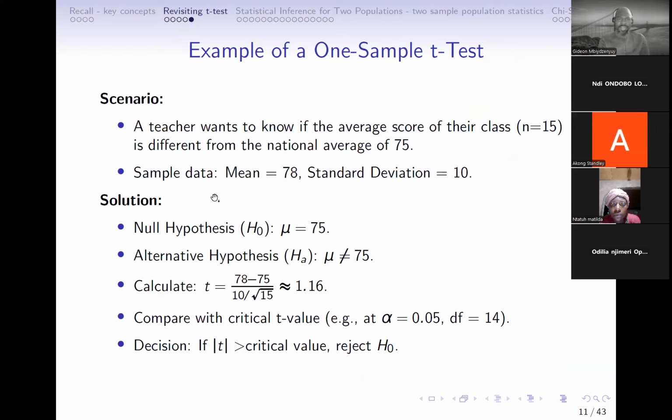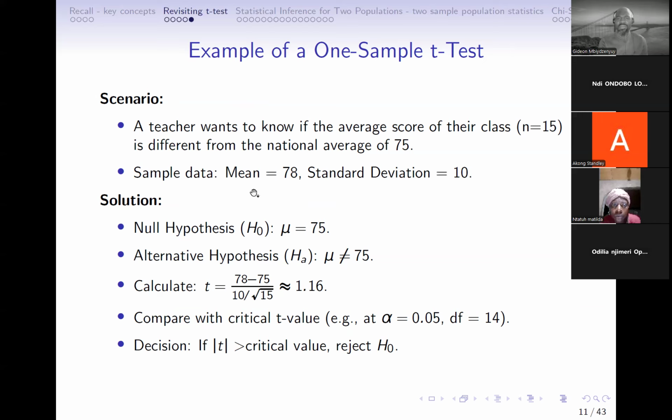So just a simple example before we actually move to the course material for today. A teacher wants to know, at least in your case, if the average score of their class, the class in this case has 15 students, the sample size, is different from the national average of 75%. So the claim is that the national average is 75%.